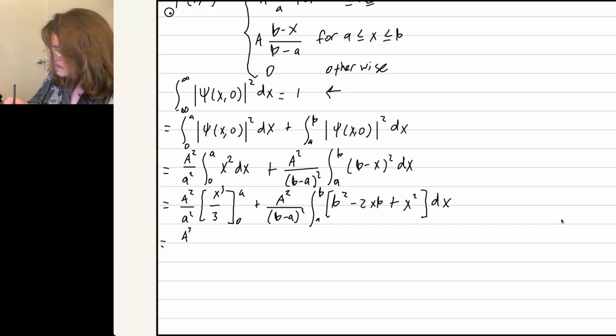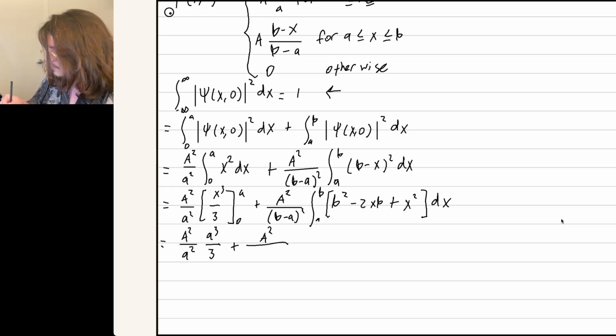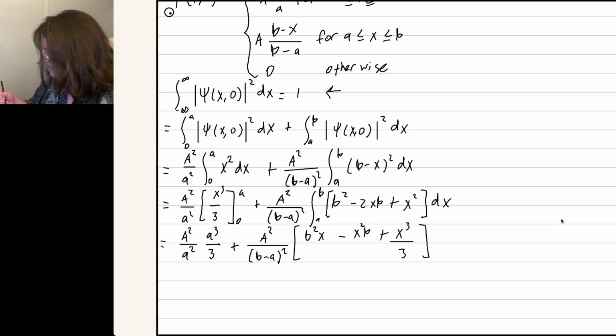Then evaluate the first integral, it's going to be a cubed over 3. And for the second integral, you'll get b squared x minus x squared b plus x cubed over 3, evaluated from a to b.